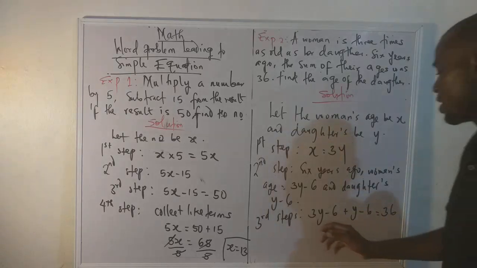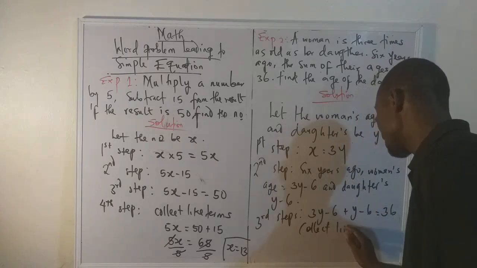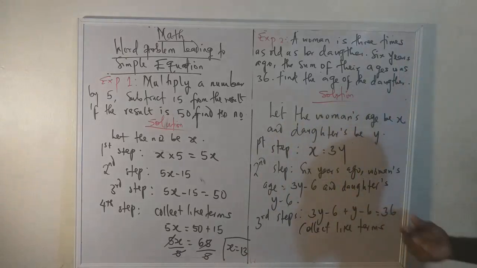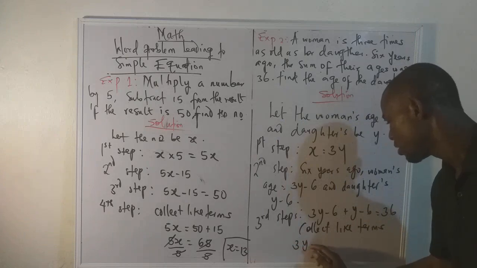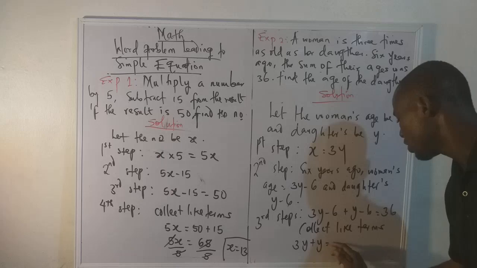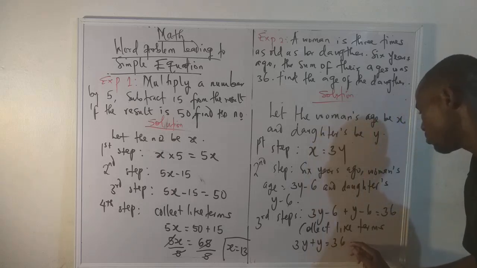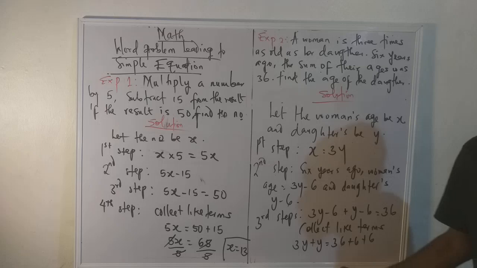So here we can just collect like terms again, and then we are going to have 3y plus y equals to 36 plus 6 plus 6.